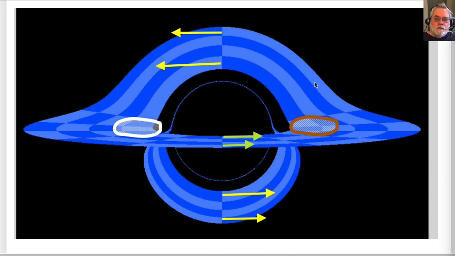The ring that the observer perceives above and below the black hole will seem to be rotating faster. The yellow velocity arrows, because of the gravitational lensing curving those light trajectories.